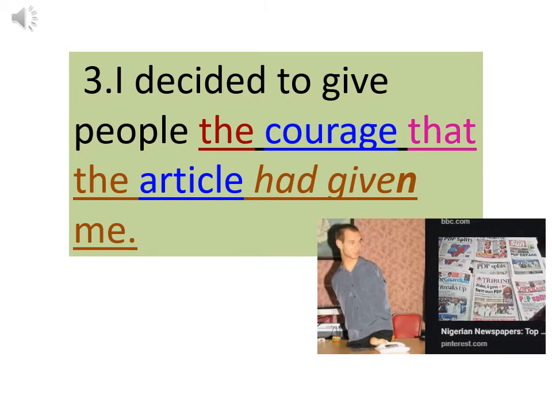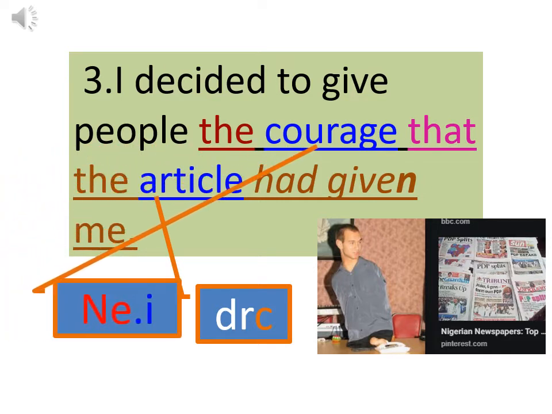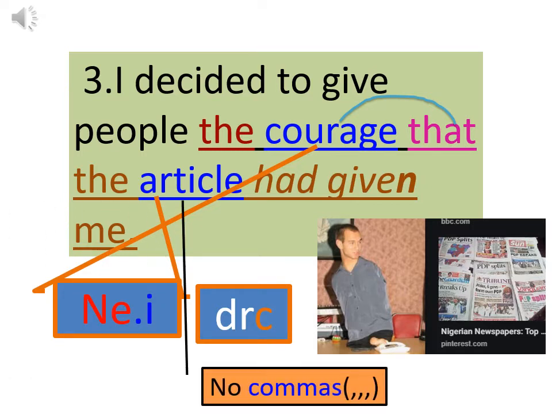I decided to give people the courage that the article had given me. Defining relative clause. Necessary information. Noun and relative pronoun. No commas.